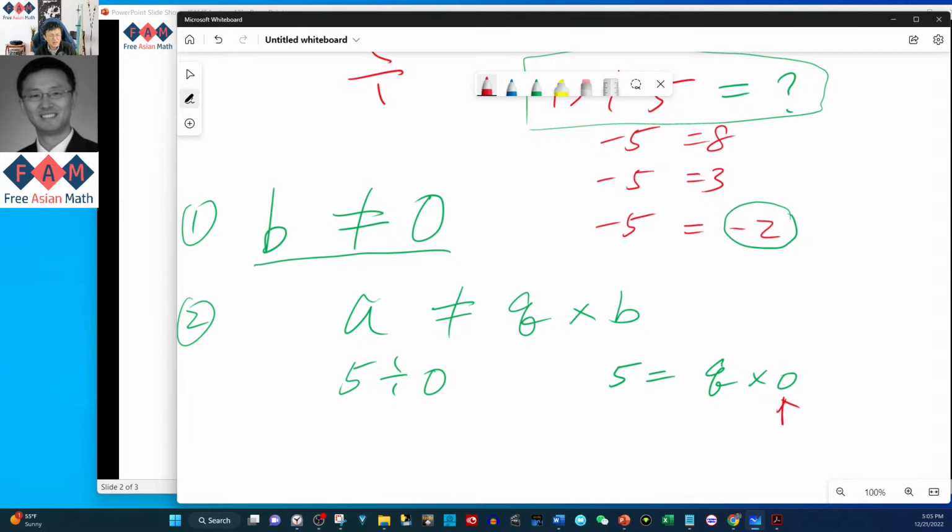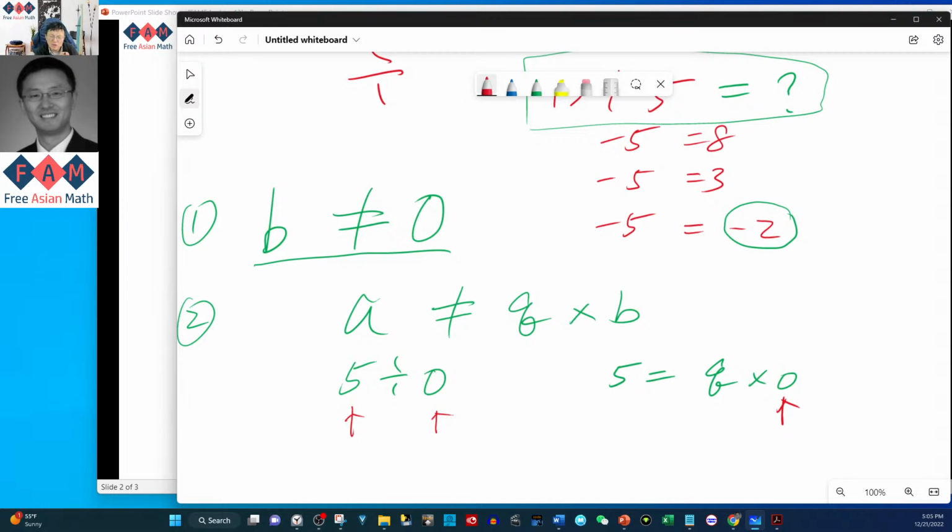Therefore, this will not have any meaning in the very first place, because we want to make sure that the dividend is a multiple of the divisor. So when you have a divisor 0, you will never succeed. So why don't we just exclude this right away? We cannot have divisor 0 because we will never be able to verify the dividend is a multiple of the divisor in the first place.